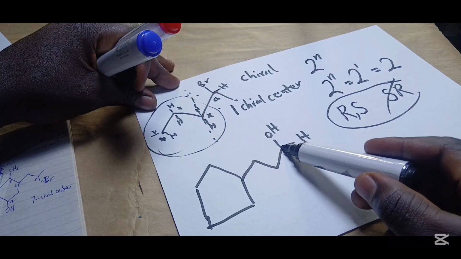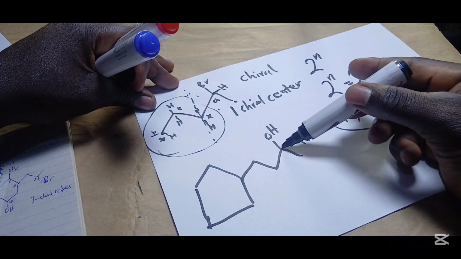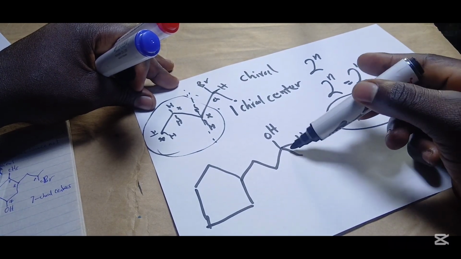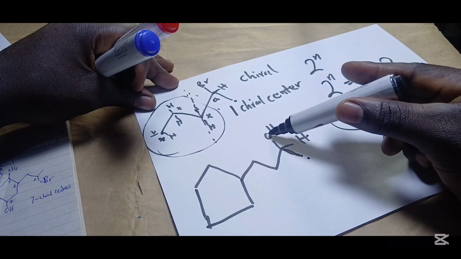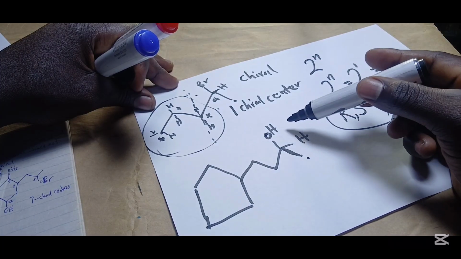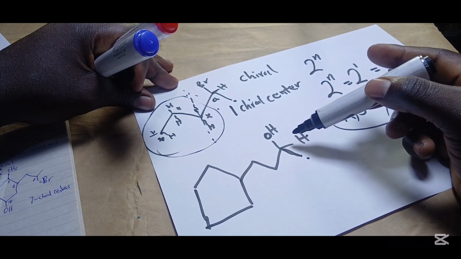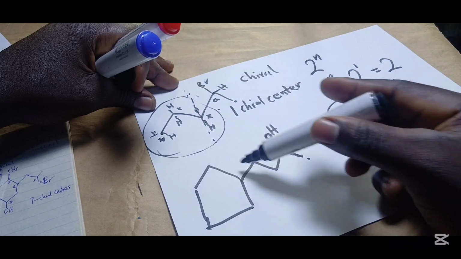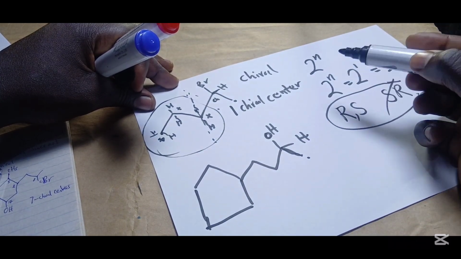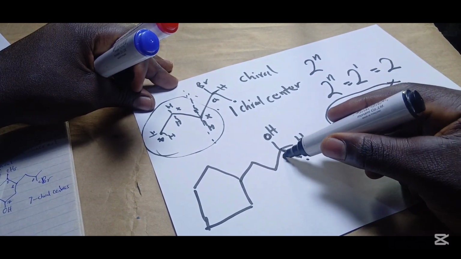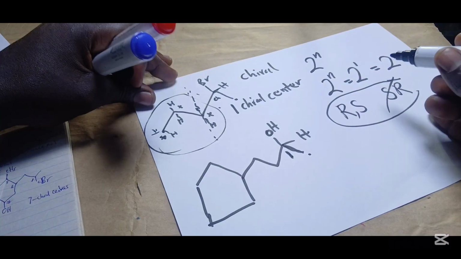So we have a carbon here attached to hydrogen, attached to a methyl group, attached to a hydroxyl group, and also attached to another substituent here. Definitely, it has 4 different groups attached to it. So this carbon here is chiral.